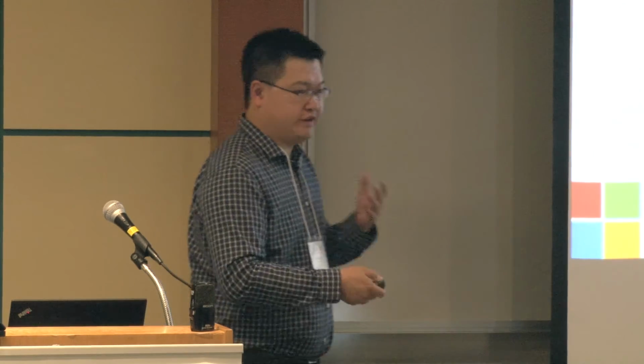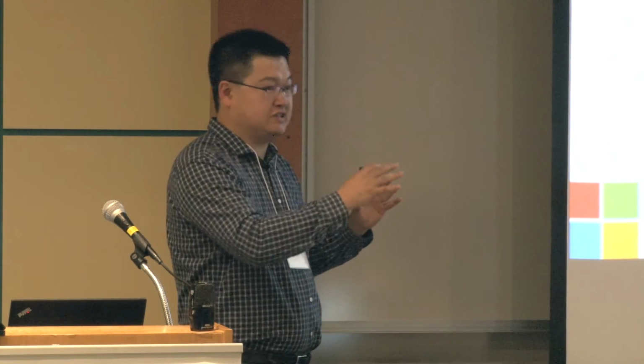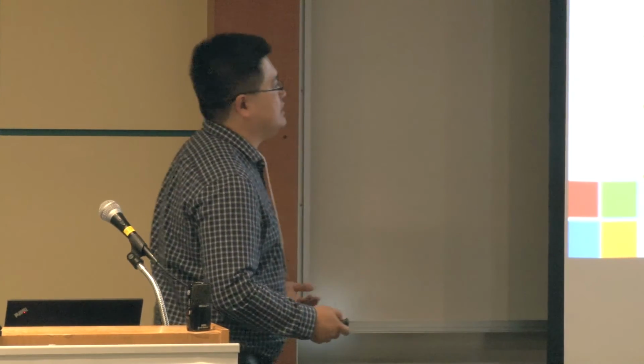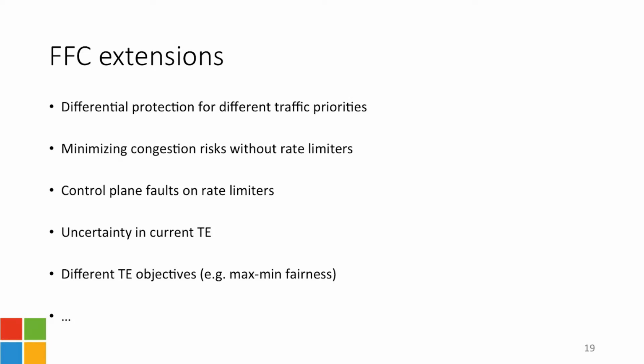FFC is just like a plugin. It can easily plug into existing systems, just add some more constraints and solve it to find a more robust TE. It can extend to support different traffic priorities, and even if there are no traffic limiters, we can still use FFC to minimize congestion.